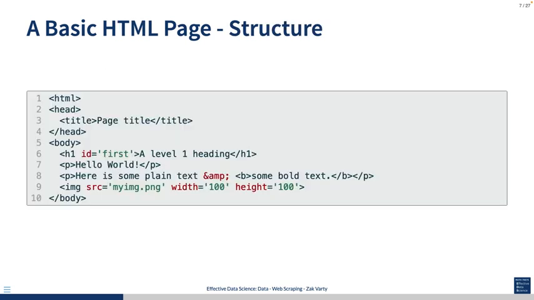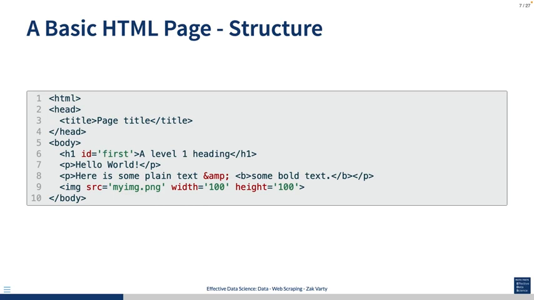Each element of a HTML document is made up of a start tag, some optional attributes, and then an end tag. We can see each of these in the first level header that's given on line 6. The opening tag is the h1 that's enclosed in angular brackets. These are just less than and greater than signs.